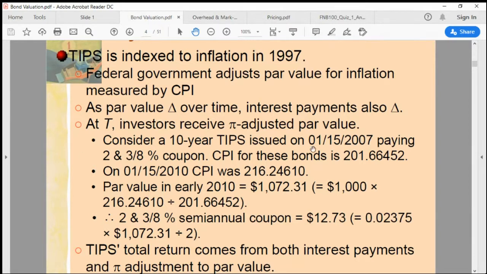But anyway, then 3 years later, January of 2010, CPI was 216. So what does that mean? From 201 to 216, right? The growth rate in inflation, just roughly calculated, is 216 minus 200 divided by 200.